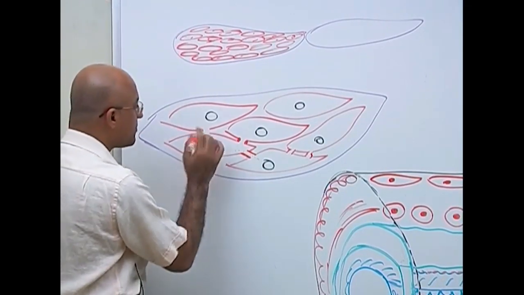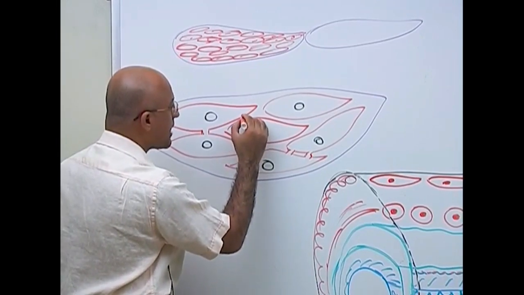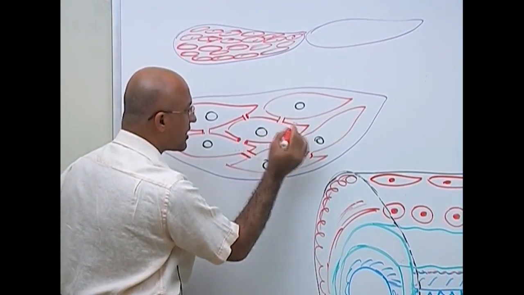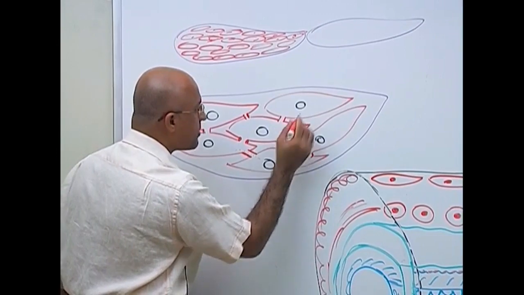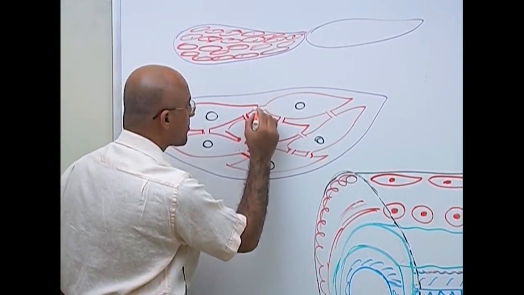And one smooth muscle has multiple gap junctions which connect that smooth muscle with the multiple neighboring smooth muscles, right?